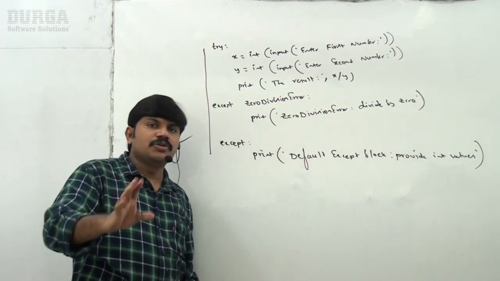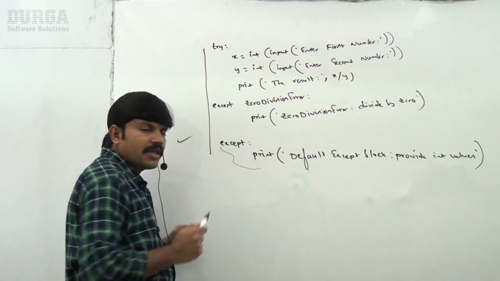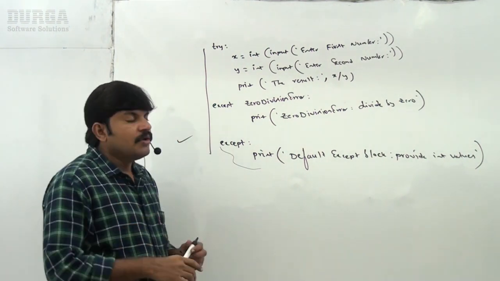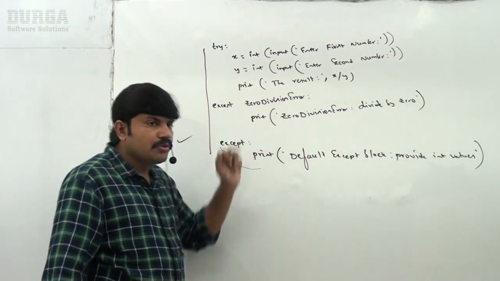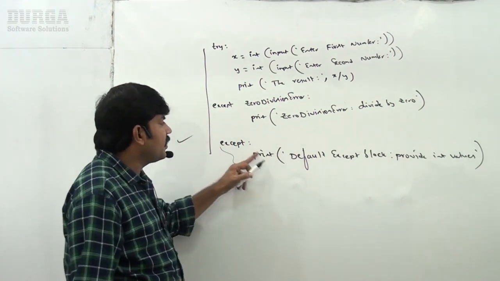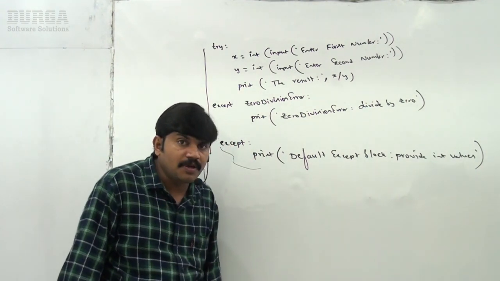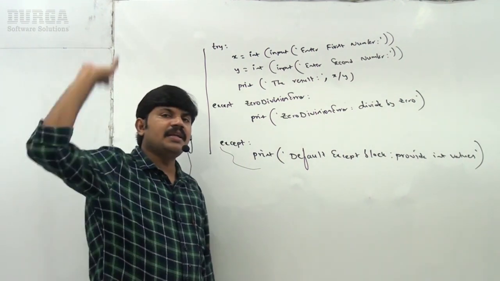Other than ZeroDivisionError, if any other exception comes, then automatically the default except block is responsible to execute. The default except block can handle any type of exception.